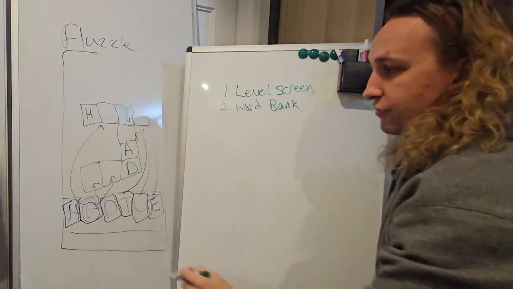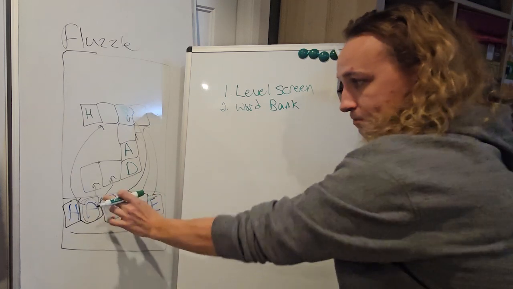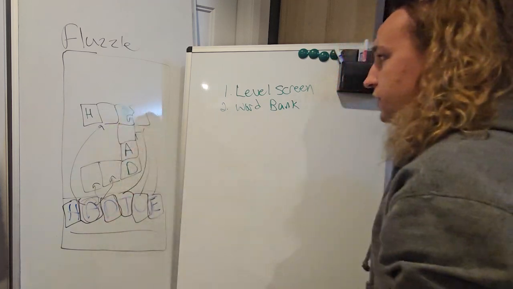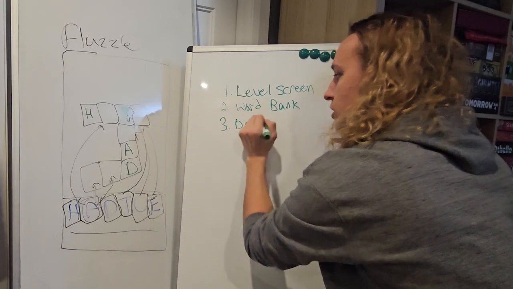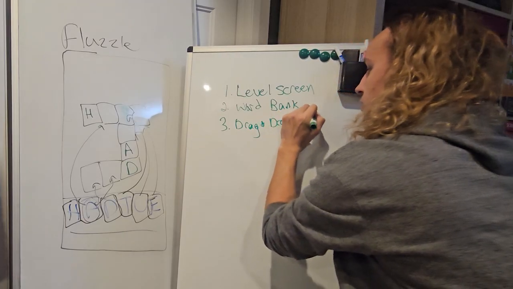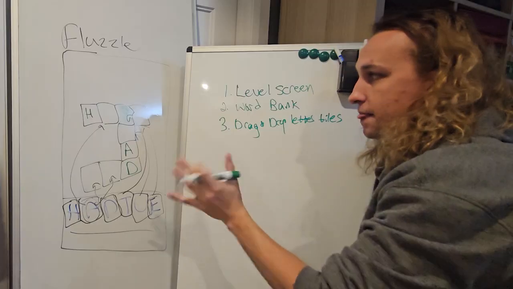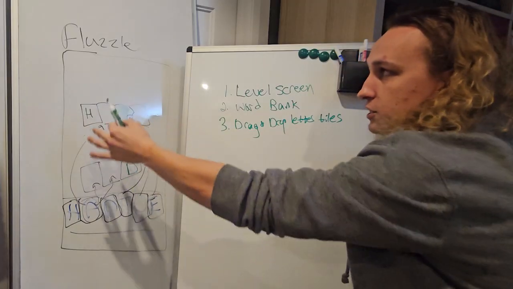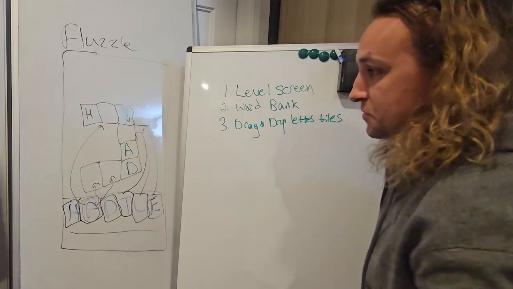And we have functionality where we have to be able to drag and drop these letters into the puzzle area. So we want to implement drag and drop letter tiles. So that's about all we have at this point. And this really gets down the whole core game mechanic.